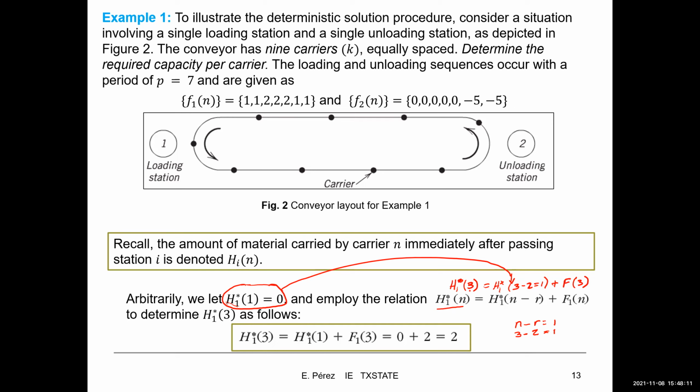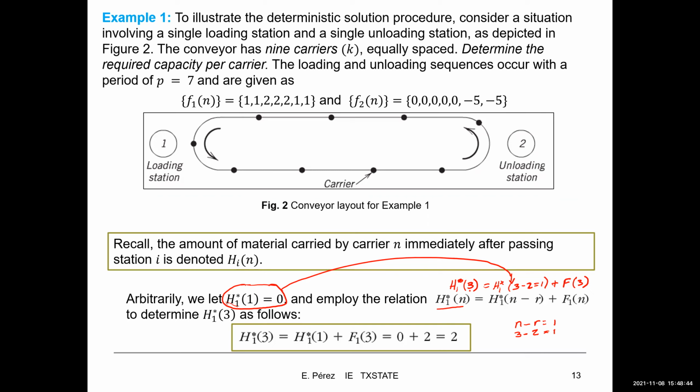For me to be able to use this value in this equation, I need to find what the value of n is. That n is going to be 3. So that means that the next sequence that I'm going to find will be for 3. I'm going to use f of 3. F of n is 3, h1 star of n equals 3, h1 star of n minus r is 3 minus 2. So this is 3, this is 2. I can use 1 here, and I have the value of 1.